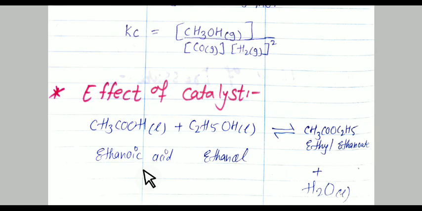If a catalyst is used in this reaction, the time is lower. What does it mean? A catalyst does not affect the equilibrium constant and the equilibrium composition of a reaction mixture. Also, a catalyst does not appear in the balanced chemical equation. It means there is no effect of catalyst.